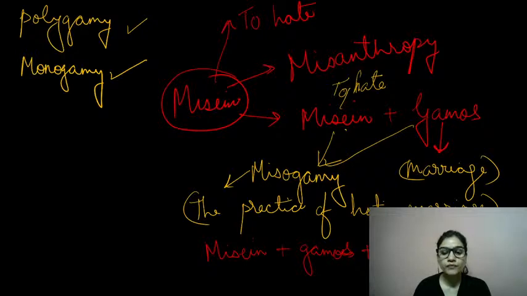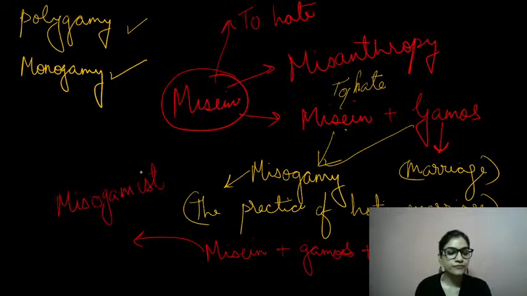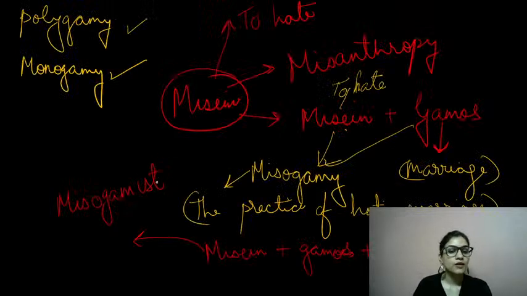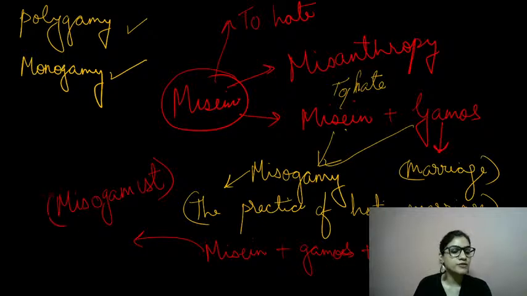We all know ist refers to a person who, right? So all I'm going to get is mesogamist. This is the word we have, mesogamist.